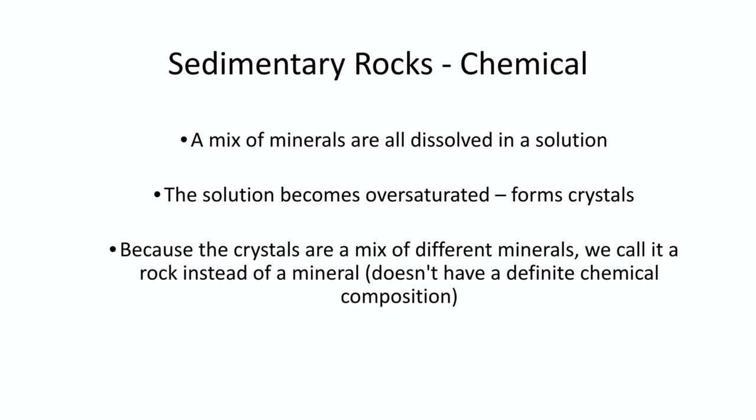Because the crystals are a mix of different minerals, we call it a rock instead of a mineral because it won't have a definite chemical composition. It is an impure substance. So it forms in the same way that a lot of minerals do, but because it's not a definite chemical composition, we have to call it a rock, which is a mixture of minerals. Now, a good everyday example that you will see in your life is Himalayan pink salt.